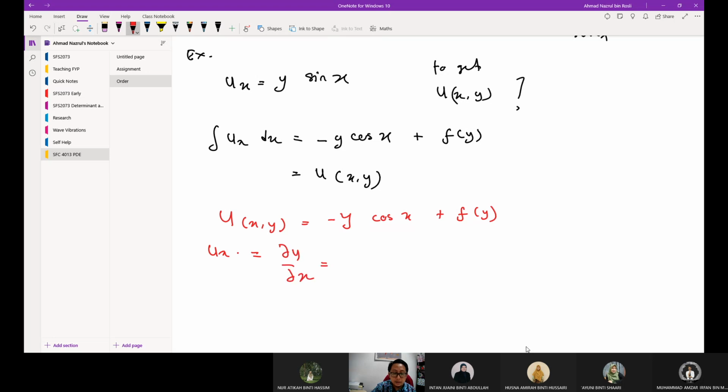So you can get here minus y. Differentiate cos to sin, you can get minus sin. So plus y sin x. So f(y) tak ada lah, dia tak ada value x kan. So dia akan dapat kosong. So ni akan dapat balik equation u_x kan.